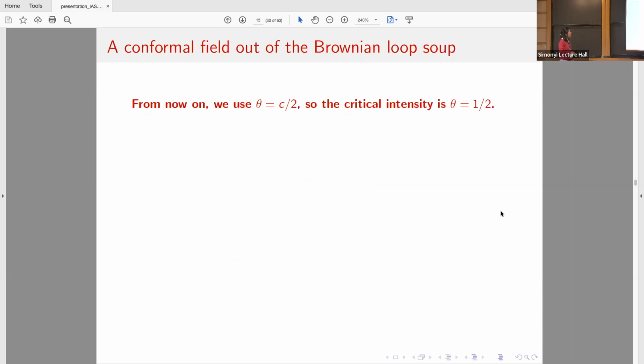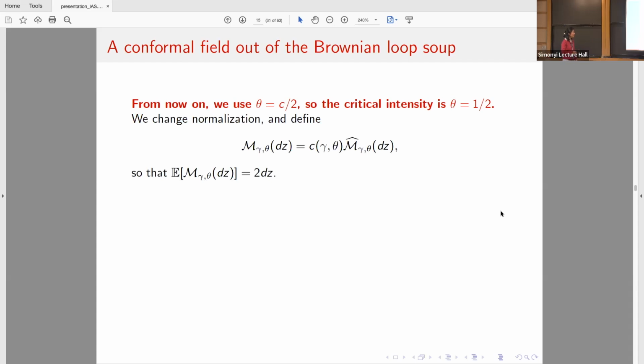So now I'm ready to present our construction. For convenience, I will use the parameter θ equal to c over 2 for the intensity. So critical intensity now is θ equal to 1/2. It's just a question of notation.